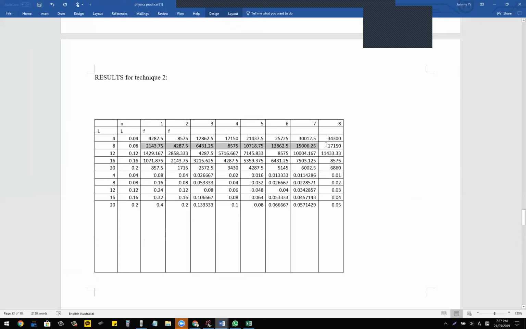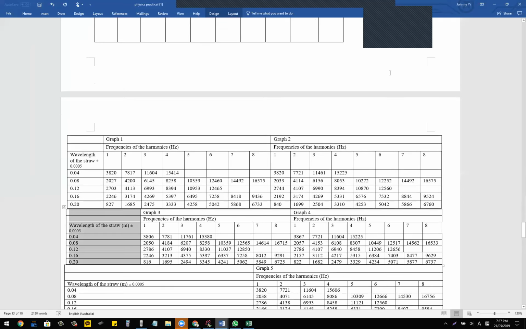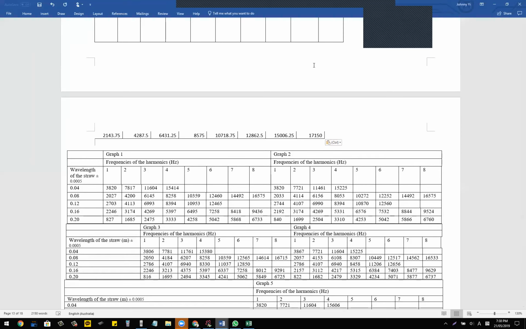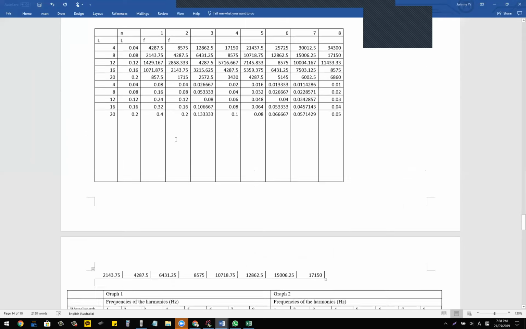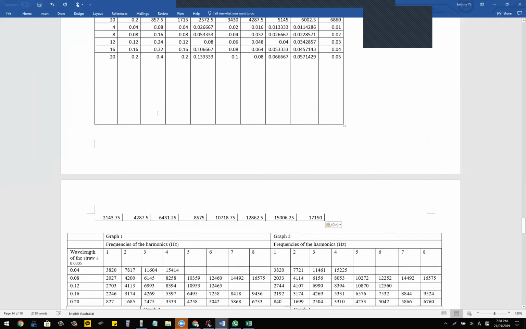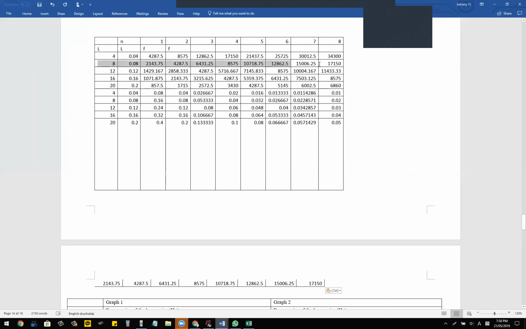So that's what we get for the 8 centimeter. Is that pretty close? Yeah, that's right. That's pretty good, right? You get that, that, that. Yeah, they're all pretty good. And so 8 is really good, but not 4.